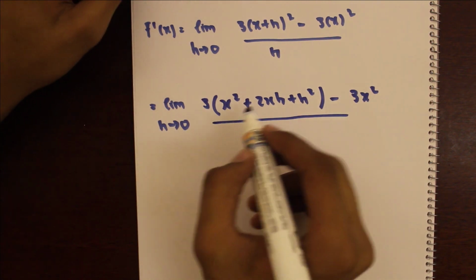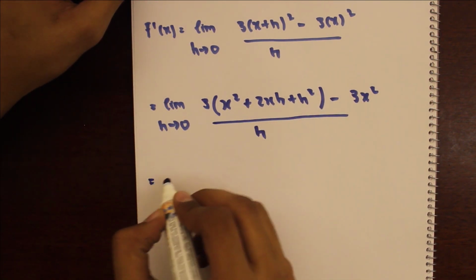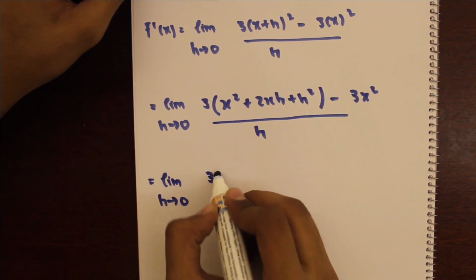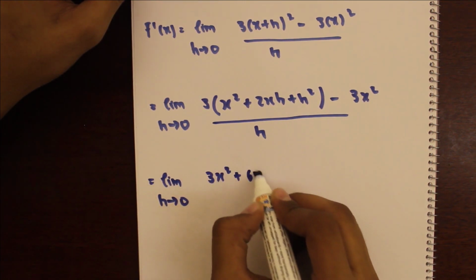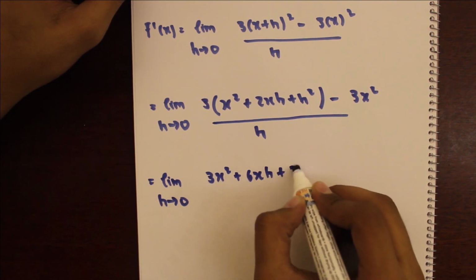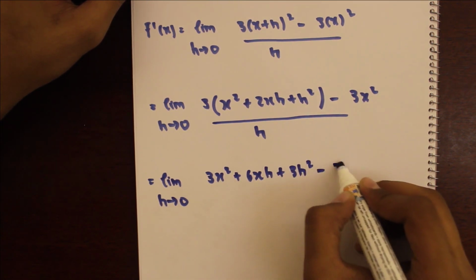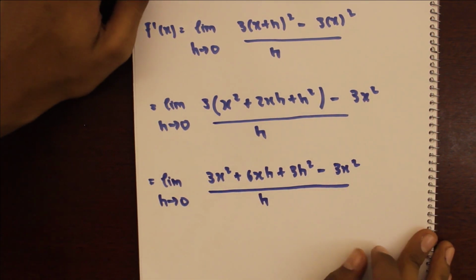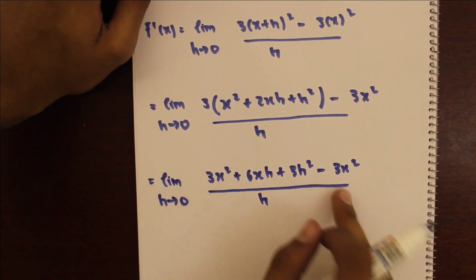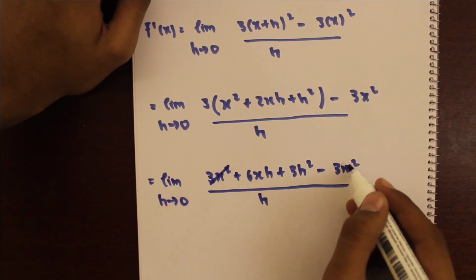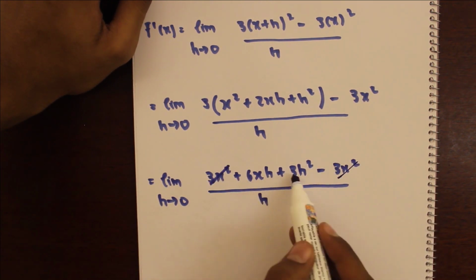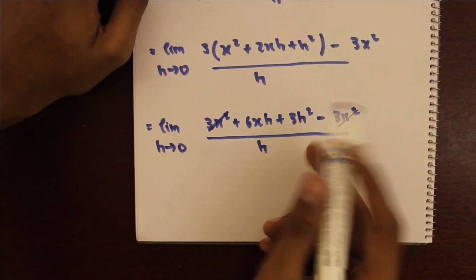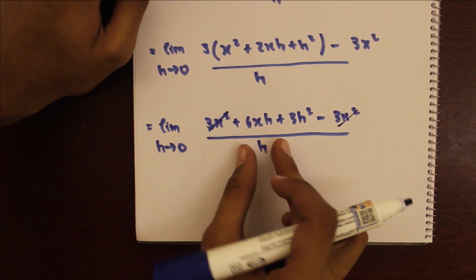Now by multiplying every term in the bracket by 3, we get 3x squared plus 6xh plus 3h squared minus 3x squared over h. And we can immediately see that 3x squared and negative 3x squared cancel out, and h is a common term between the remaining terms. Always remember to factor h out in the numerator so it cancels out in the denominator.